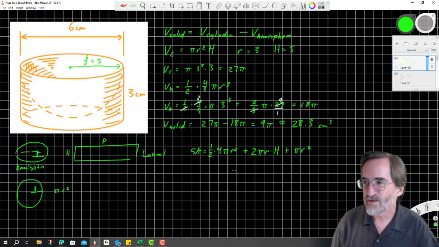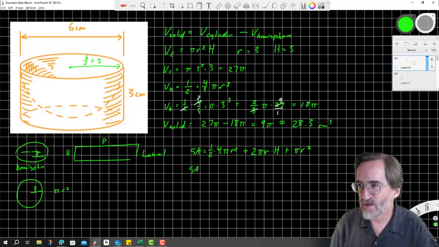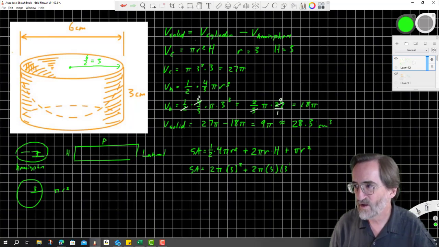Okay, so we've got all of that. Surface area is 1/2 of 4 is 2, pi times 3 squared plus 2 pi times 3 times the height, 3, plus pi times 3 squared.